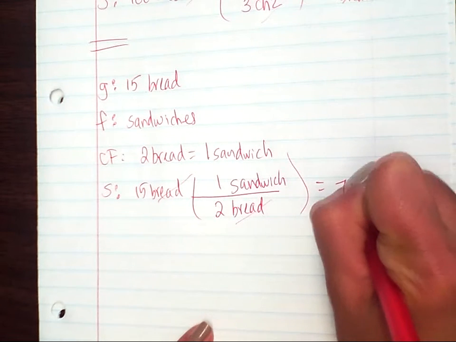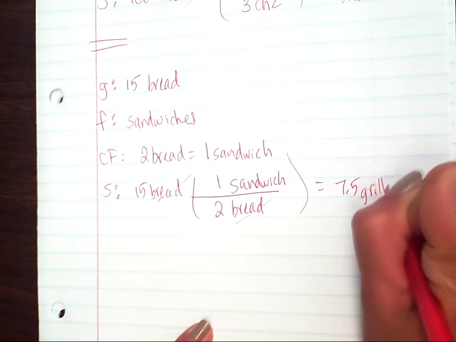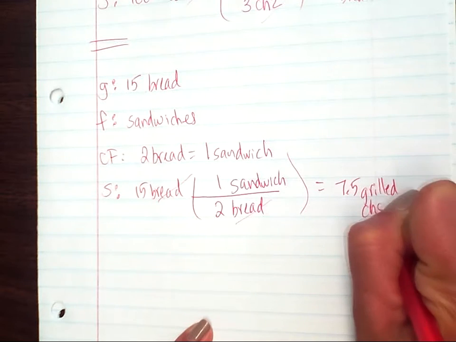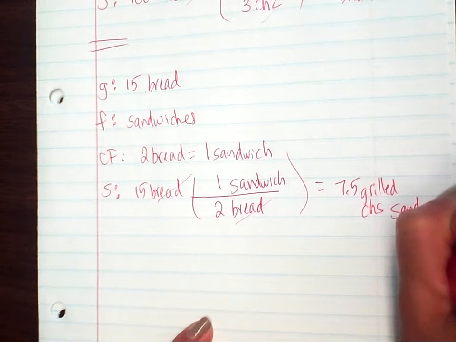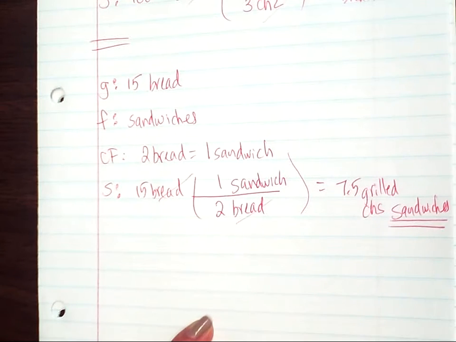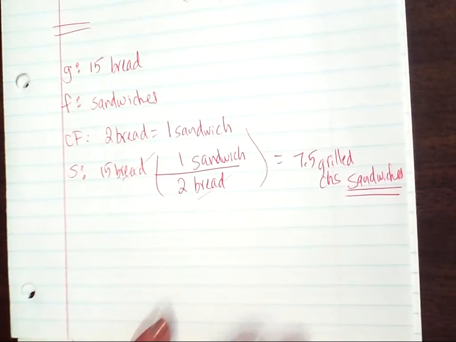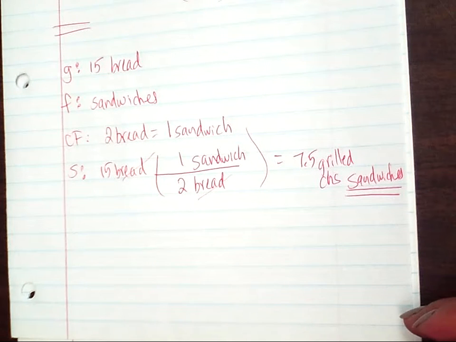So it's 7.5 grilled cheese. I should have just put sandwiches, but whatever. Sandwiches. I'll underline sandwiches to emphasize that that's what we were looking for. Does this make sense so far? Okay. If you can just remember, it can be just that easy with moles.